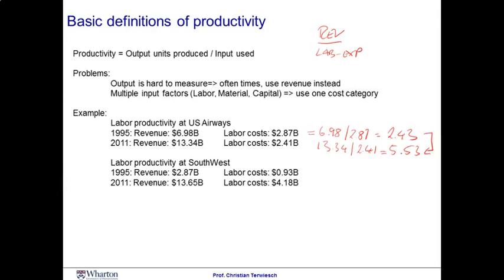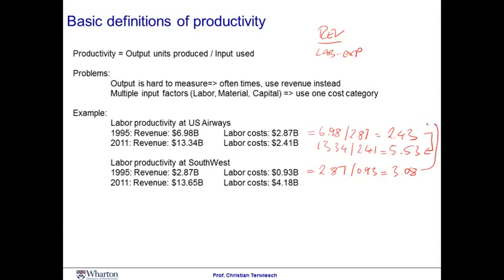The situation at Southwest looks as follows. In 1995, their labor productivity was given by $2.87 billion in revenue divided by $0.93 billion for labor expenses, which equals 3.08 as the labor productivity.